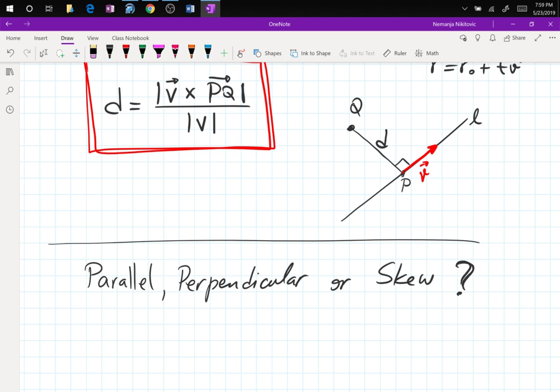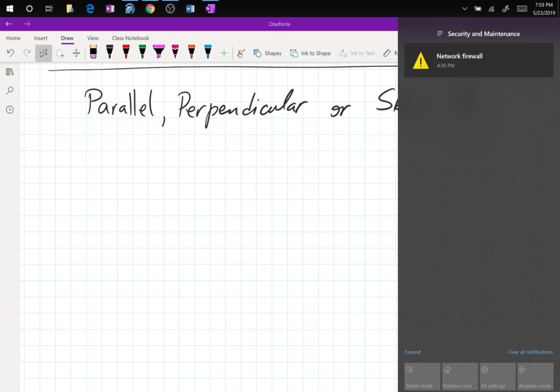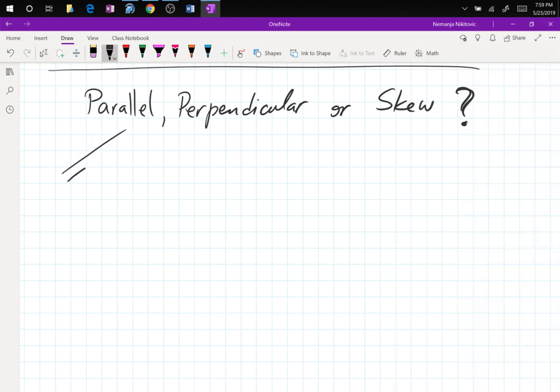So two lines can be parallel, perpendicular, or they can miss each other in space. This is all in 3D.